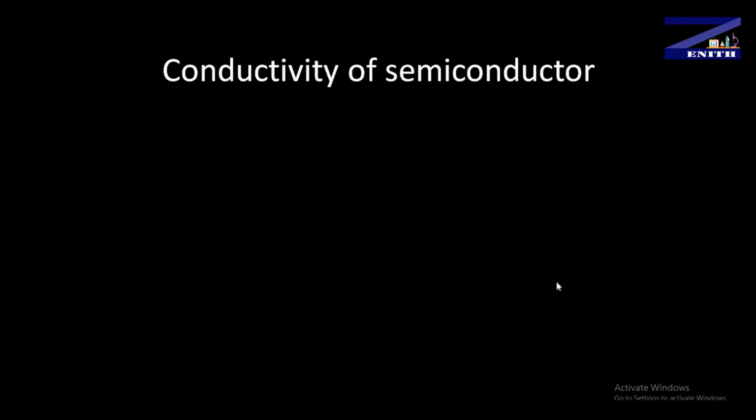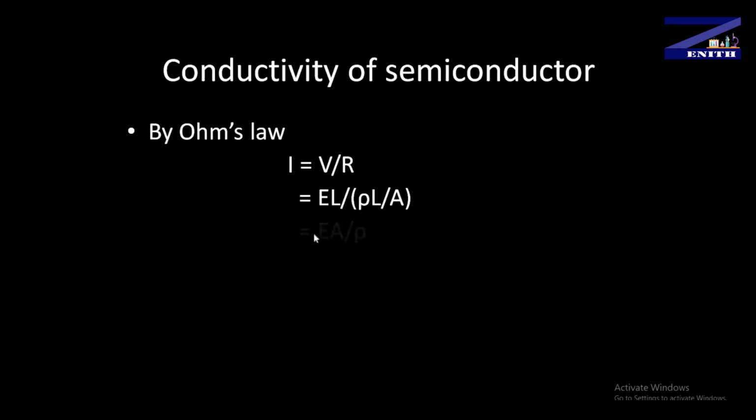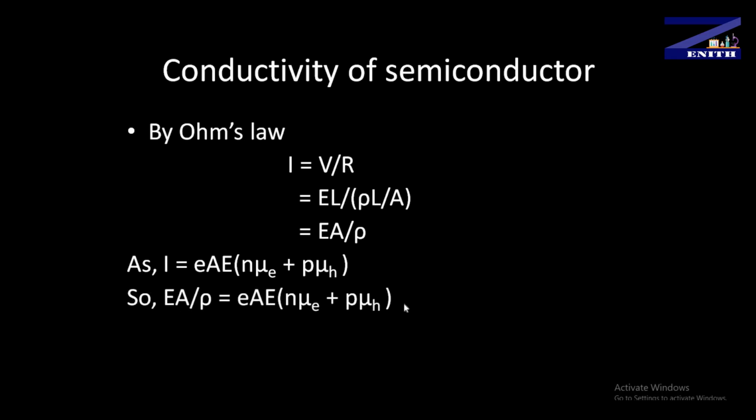Now the next topic is the conductivity of a semiconductor. As we know by Ohm's law, I equals V upon R, and the voltage or the potential difference is given by E L, and R or the resistance is rho L upon A. So I equals E A upon rho, and in the previous slide we found that I equals e A E (n mu e plus p mu h) for semiconductors. On putting I equals E A upon rho in this equation and cancelling out the E A, we find 1 upon rho equals e (n mu e plus p mu h), and 1 upon rho equals conductivity.